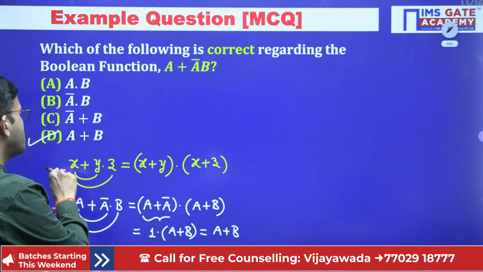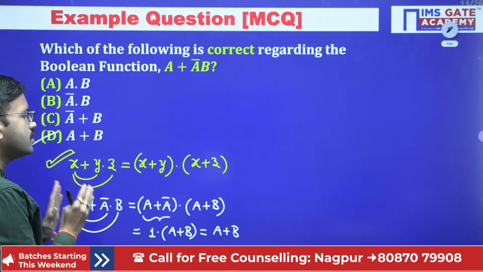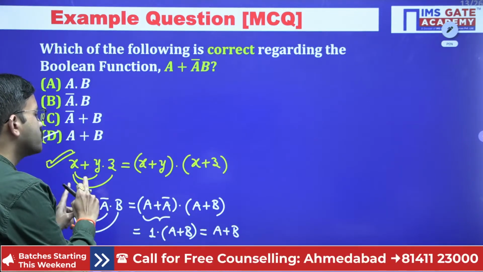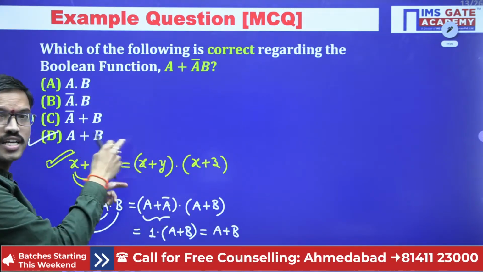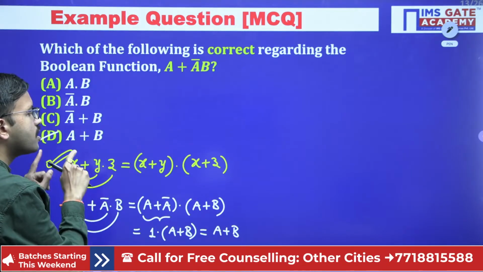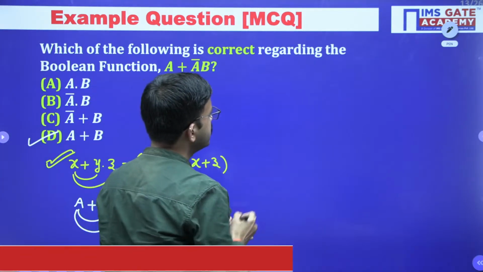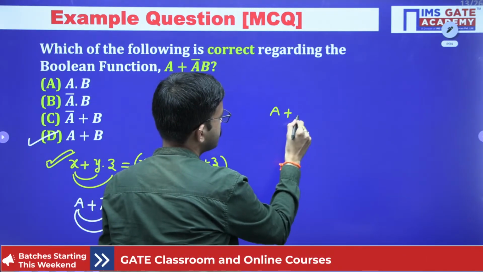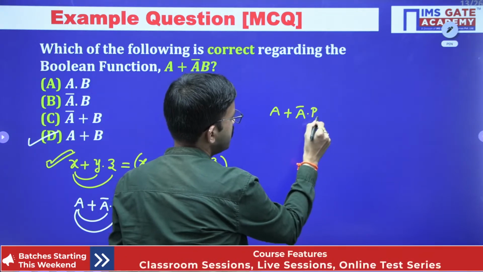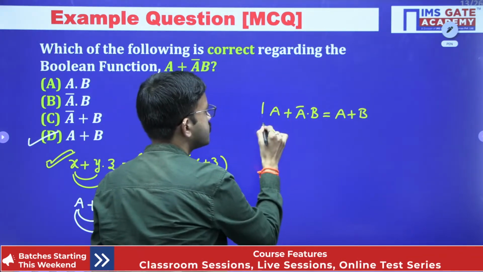Regarding distributive law, you will remember, it is very simple. Based on the context or requirement, you can use LHS to RHS or RHS to LHS. Regarding a plus a bar b, you can directly remember this as a formula.